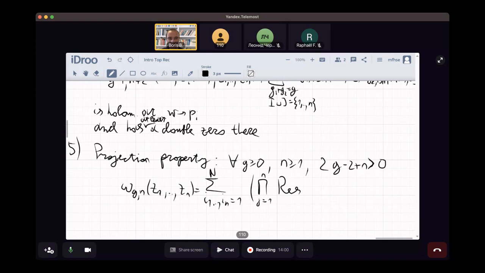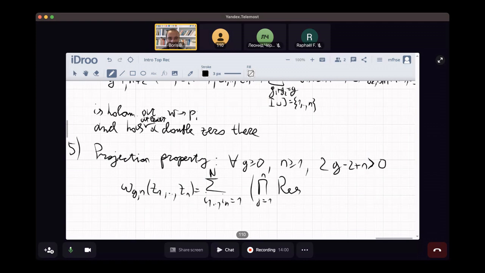So the denominator of these omega g,n's may only have factors of the form z minus t, where t is a zero of dx, these points pi.